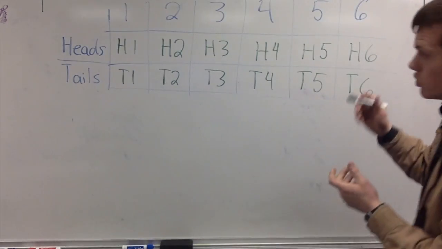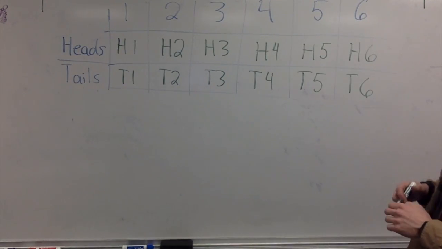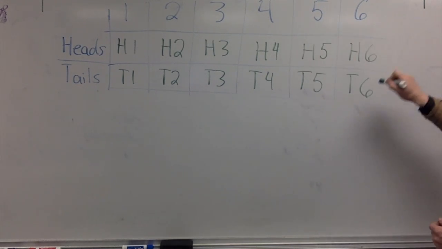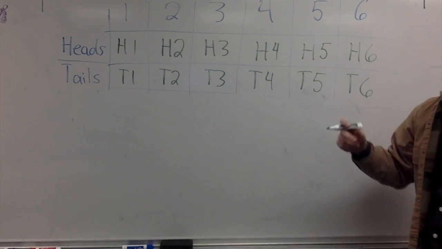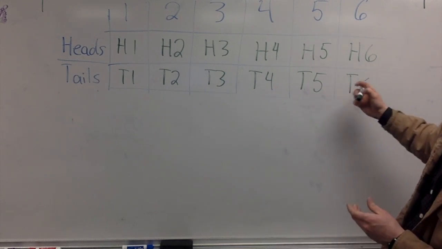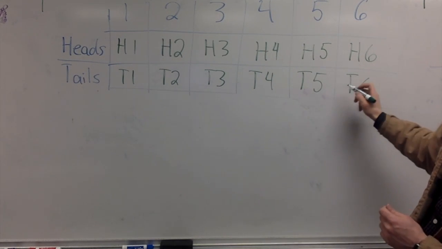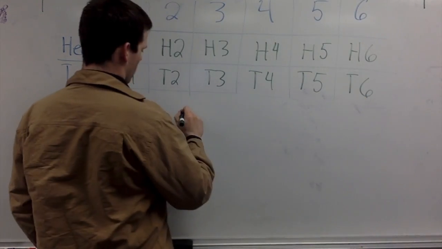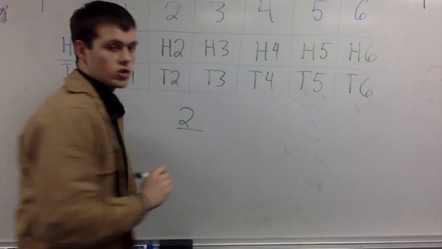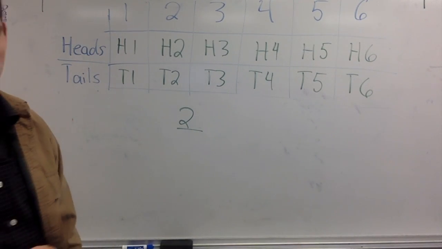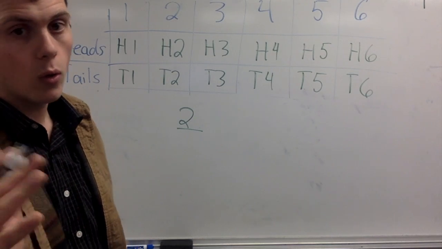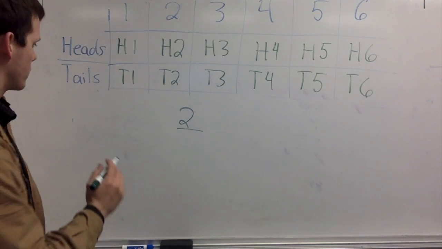Okay, so let's just look at our chart and find out. Do we have any numbers greater than 4? Yep. That are tails. So there's only 2. There's 2 options. Because we got tails and got a 5 and tails and got a 6. So we had 2 options that we could have gotten over our total possible outcomes.